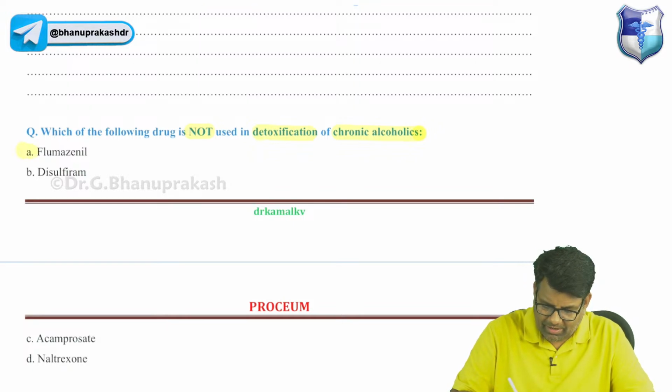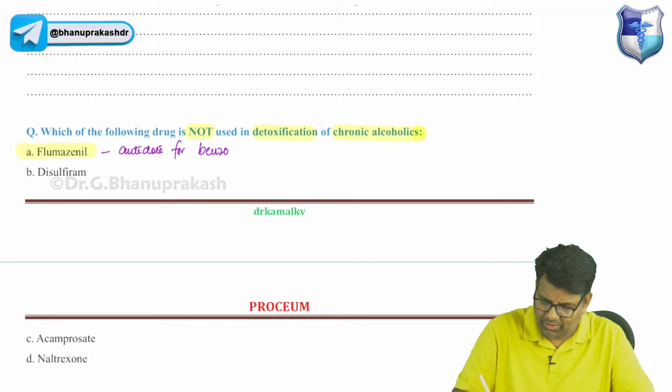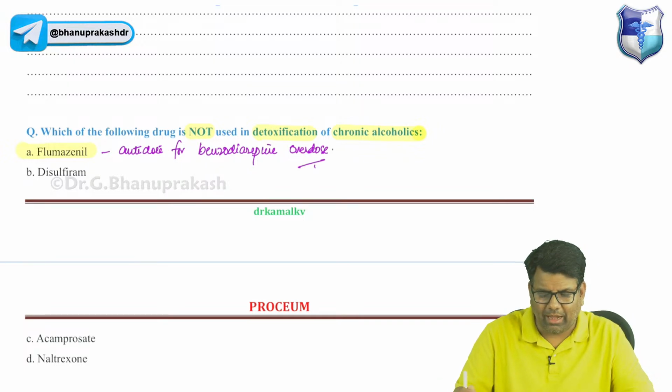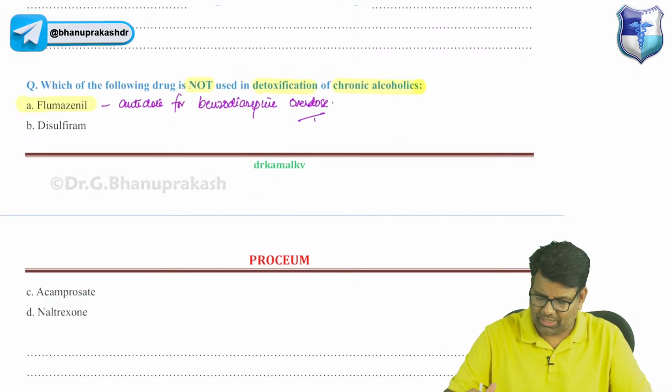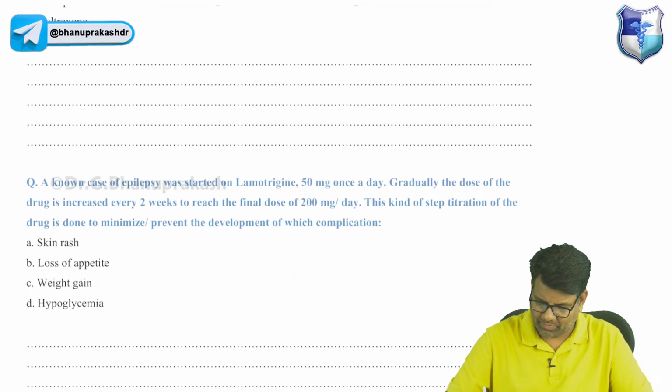What is flumazenil? Flumazenil is the antidote for benzodiazepine overdose. Yeah, it has nothing to do with alcoholism. Flumazenil is the answer here. That's all we can give.